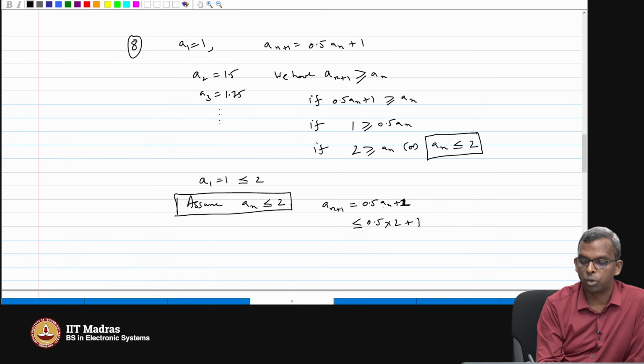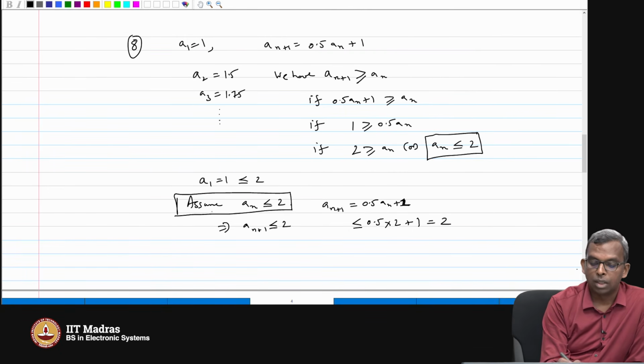This is going to be less than or equal to, because a_n is less than or equal to 2, this 0.5 a_n plus 1 is going to be less than or equal to 2, and that guy is actually 2 again. So, if a_n is less than or equal to 2, this implies a_{n+1} is also less than or equal to 2.